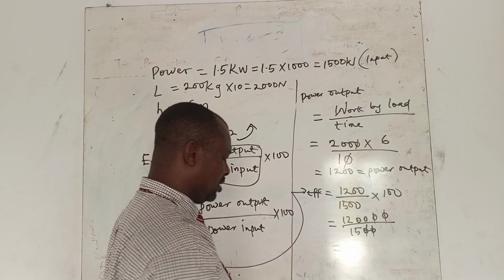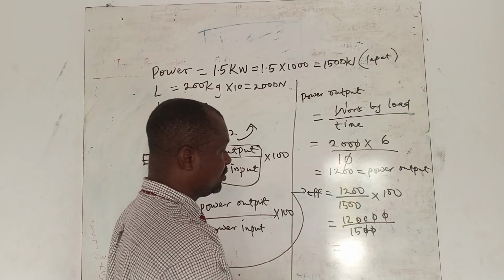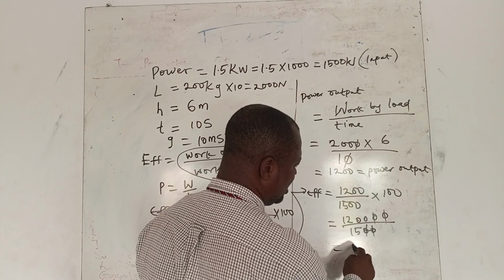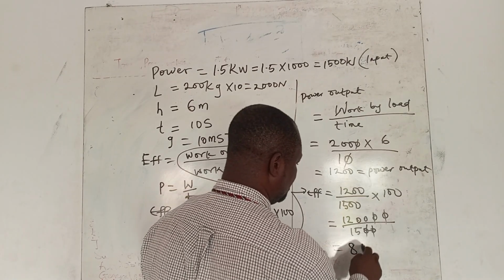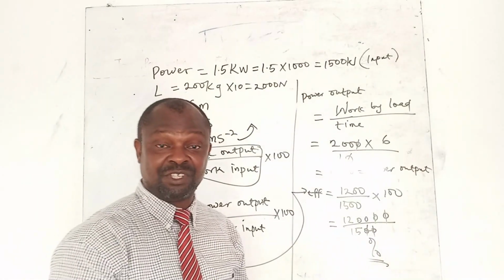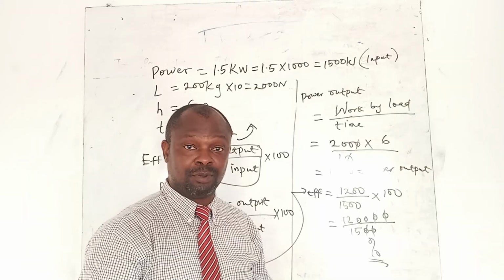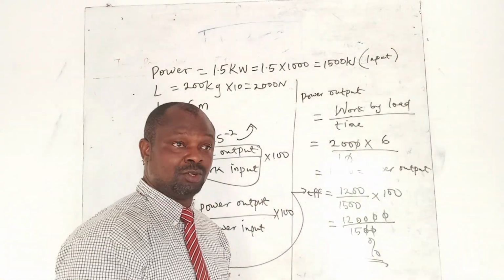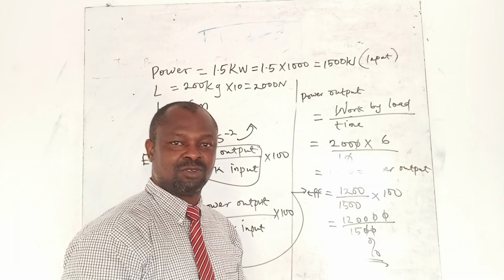And what is the answer? It's going to be 80. So the answer is 80%. This is the efficiency of the pump: power output divided by power input times 100. That's the first question. Now let's go to the second question.